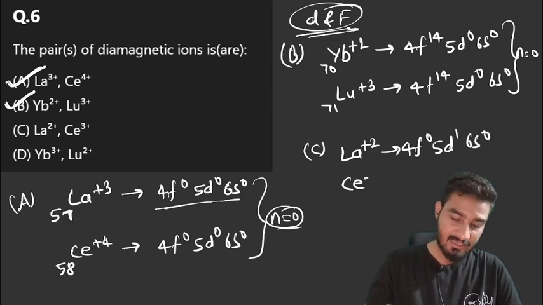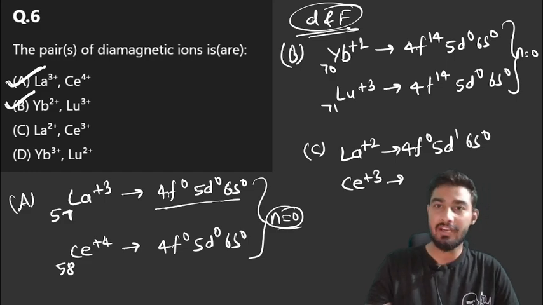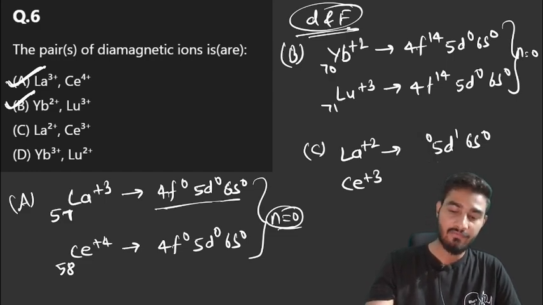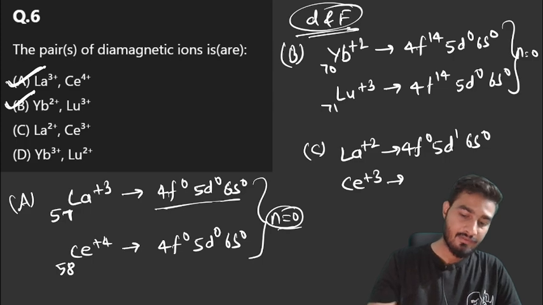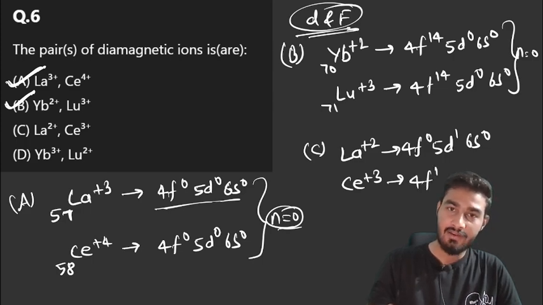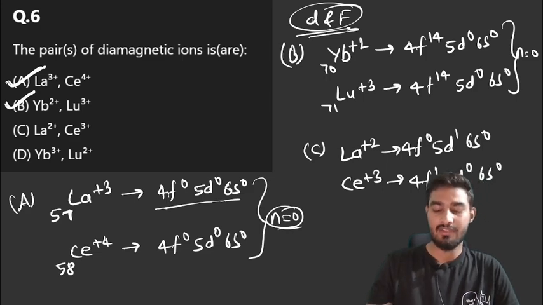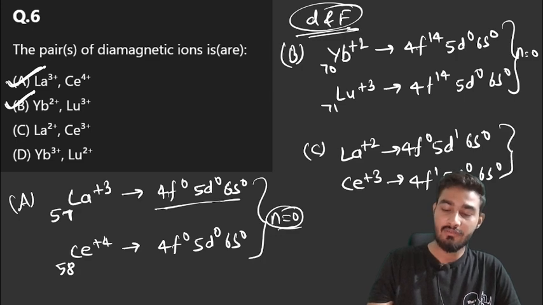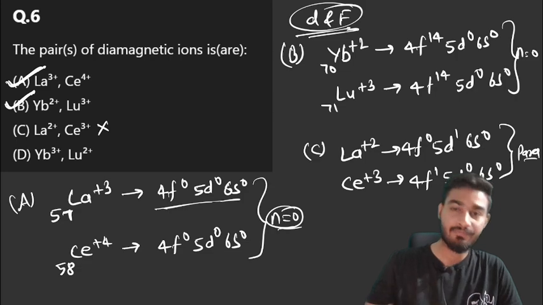Same way, cerium plus 3 has one unpaired electron, 4f1, 5d0, 6s0. So it is paramagnetic and not our answer.